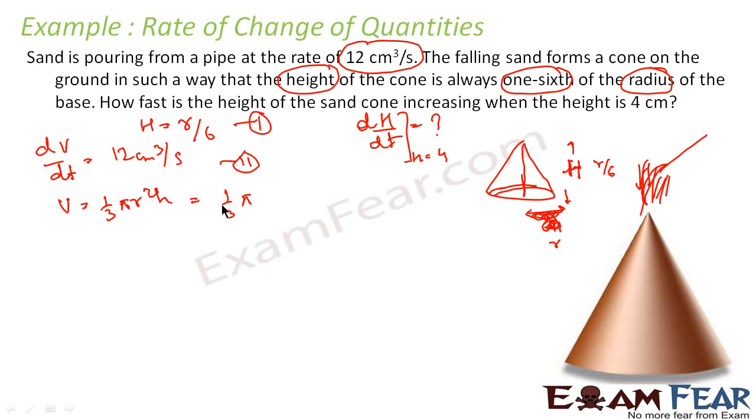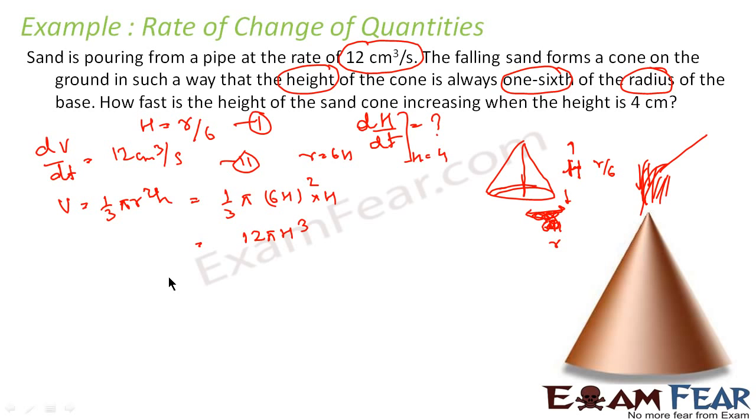Let me write r as 6h, because h is equal to r by 6. So this becomes 6h square into h, and this simplifies to 12 pi h cube.